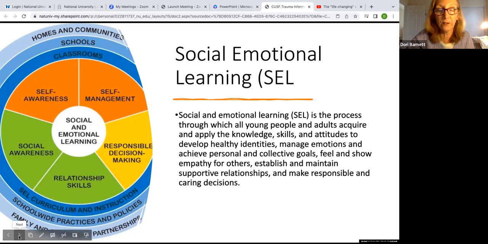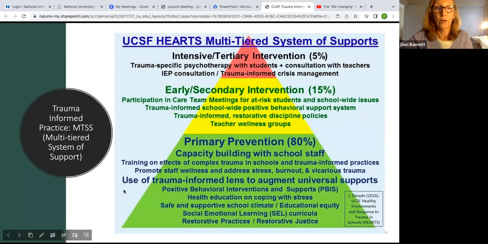So PBIS, social emotional learning, and restorative practice are some of the 3 largest evidence-based practices for creating a trauma-informed school and classroom. This is an MTSS pyramid of supports that is trauma-informed. It was created by the University of California at San Diego, Healthy Environments and Response to Trauma in Schools.